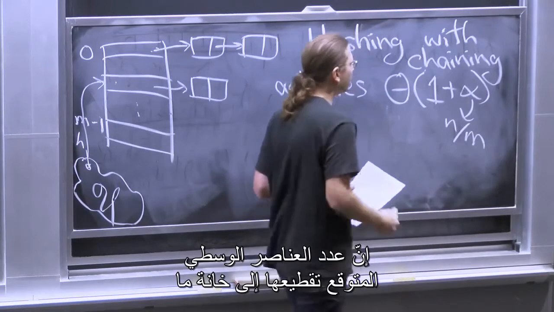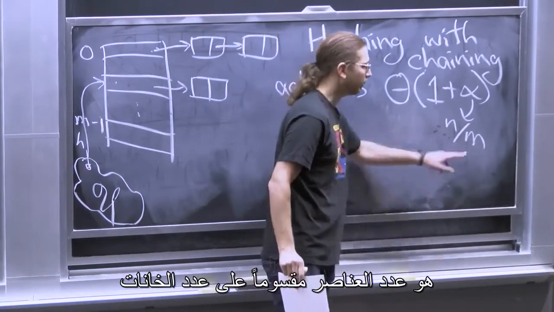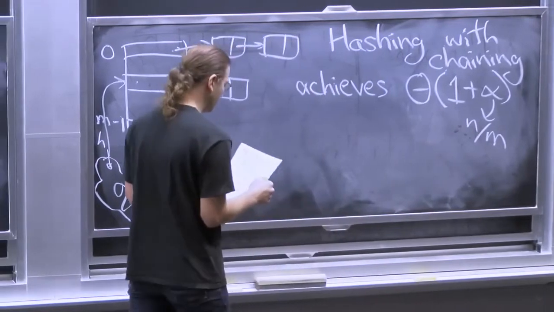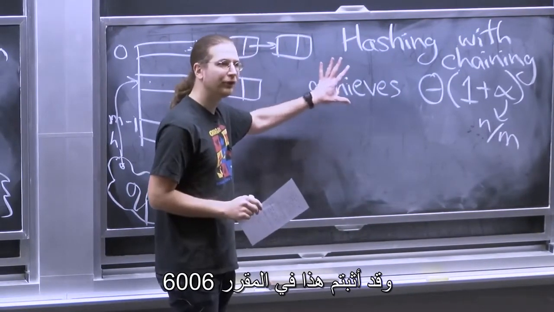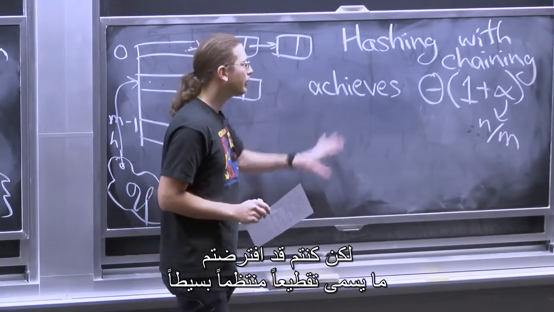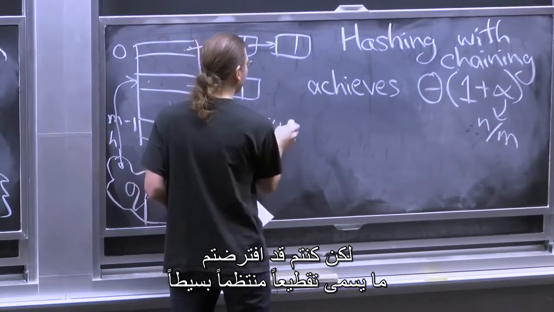The average number of items you'd expect to hash to a slot is the number of items divided by the number of slots. Okay? And you proved this in 6006, but you assumed something called simple uniform hashing.